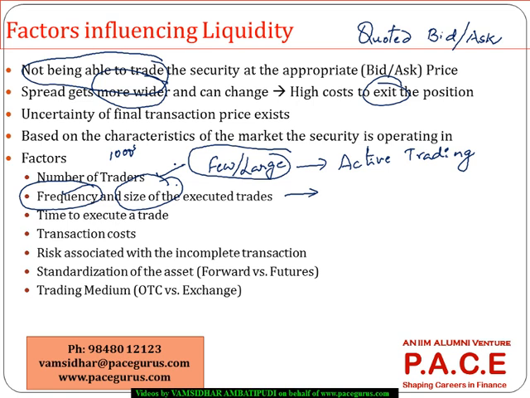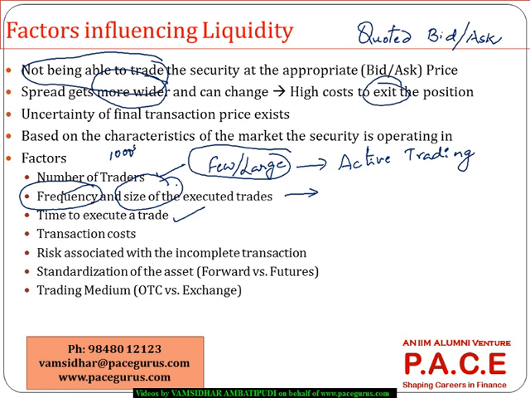Larger volumes at higher frequencies means there is a lot of liquidity, so the scope for liquidity risk will be much lesser. That again boils down to how much time it takes to execute a trade. Is it very quick, or from the time I place a buy order until the entire settlement happens, does it take a few months? The longer it takes to execute the transaction, the higher the liquidity risk associated with it.